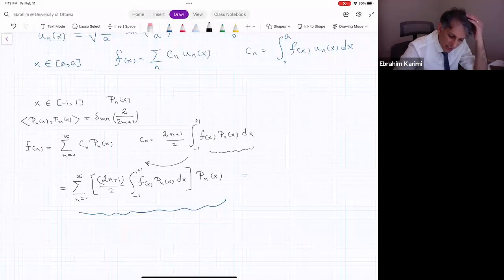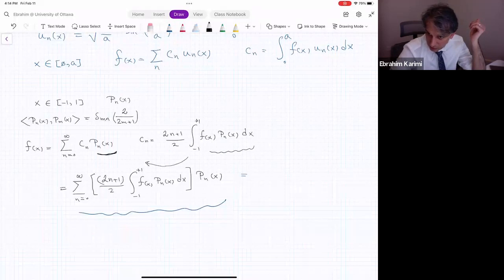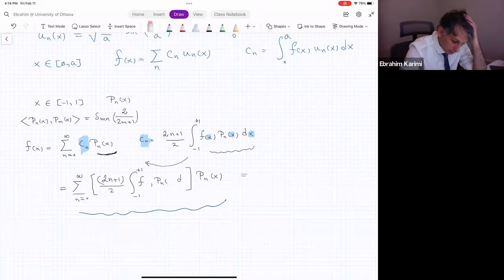I'm using another variable for the integral just to show that this x is different from the x of the polynomial. Is that clear, guys? Remember, the Cn here is a constant coefficient, so it's independent of that x. Of course, you are doing the integration. Here, I'm changing the variable from x to y.